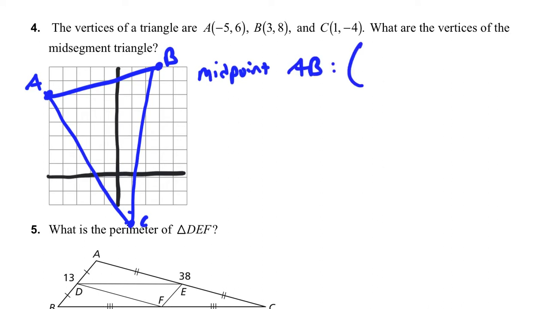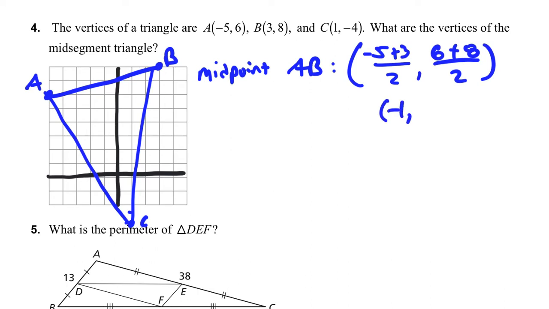Remember that's where you're going to take your average x values, which is -5 plus 3 divided by 2, and then your average y values, which is 6 plus 8 divided by 2. And so we are going to get -2 over 2, which would be -1, and then 6 plus 8 is 14 over 2, which is 7. So (-1, 7) is my first point. I'm actually going to go ahead and graph that: -1 and then 7. So here is my first one.